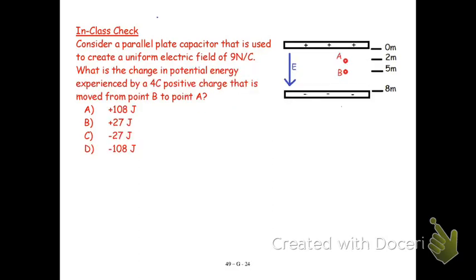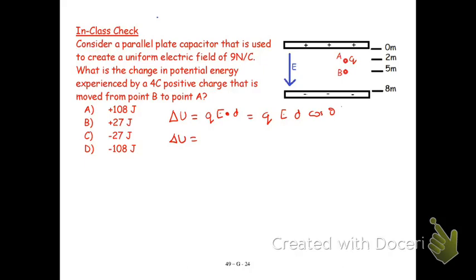Consider a parallel capacitor that is used to create a uniform field of 9 newtons per coulomb. What is the change in potential energy experienced by a 4 coulomb positive charge that is moving from A to B? Oh, so now we have a charge that's moving. So my change in potential energy is equal to QE dotted with D, which equals QE times D times the cosine of the angle between.